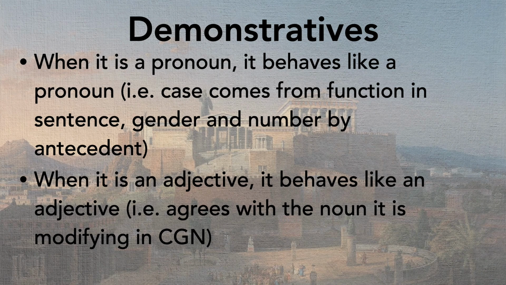In other words, it's going to agree with the noun that it's modifying in case, gender, number, okay? So if we say those fish sticks, okay, notice that those is plural and fish sticks is plural. And if that was in Greek, whatever gender fish sticks were, I don't know off the top of my head. I don't know if they talk about fish sticks too often in the New Testament, but whatever that gender was, the demonstrative word is going to match that, okay?